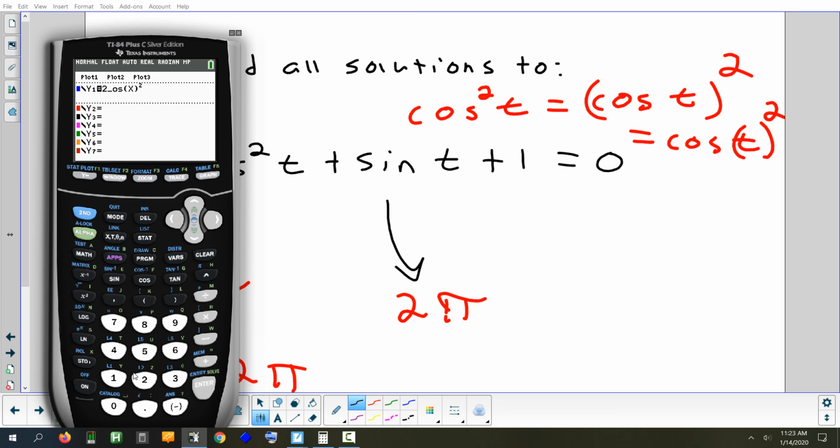All right. So now let's just do it this way. Put in 2 cosine squared x plus sine x plus 1. The window should be set to 1 cycle, so you're going to get every answer that's in 1 cycle. Let's hit graph. And we're looking for how many times it crosses the x-axis.